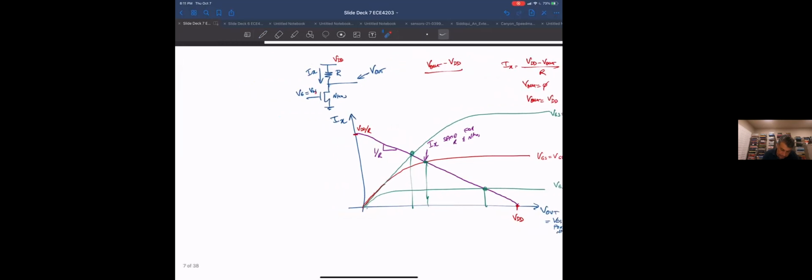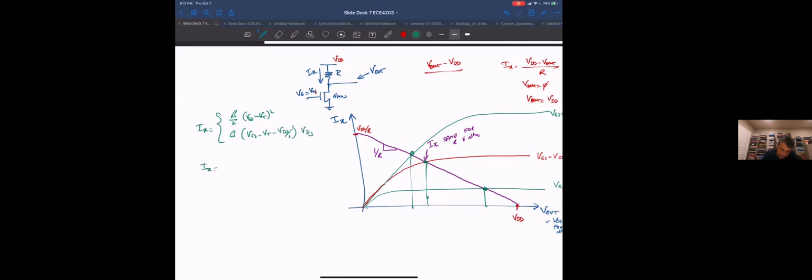Otherwise, what would you do if you wanted to figure it out? Well, I have I_X, which is either beta over 2 (VGS minus VT) squared, or beta (VGS minus VT minus VDS over 2) VDS.